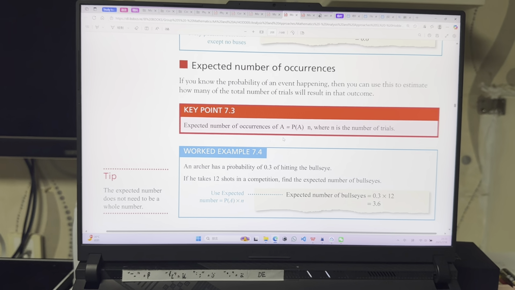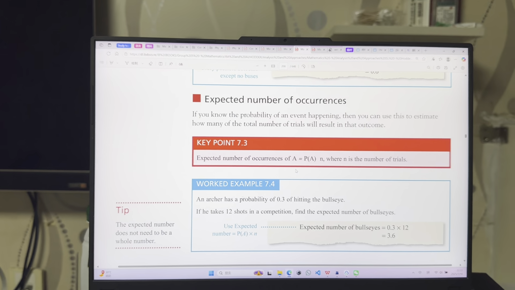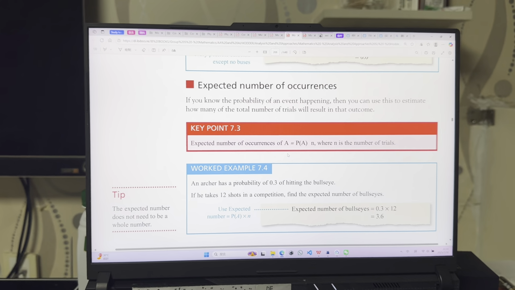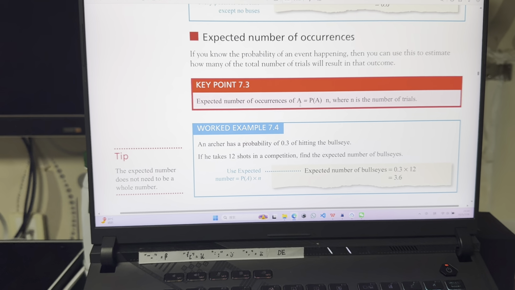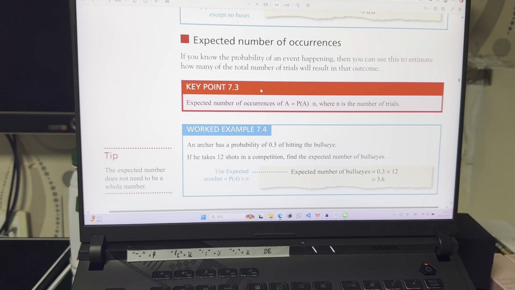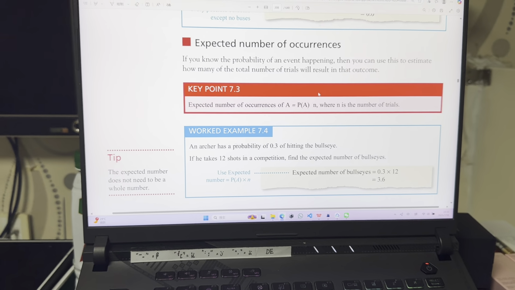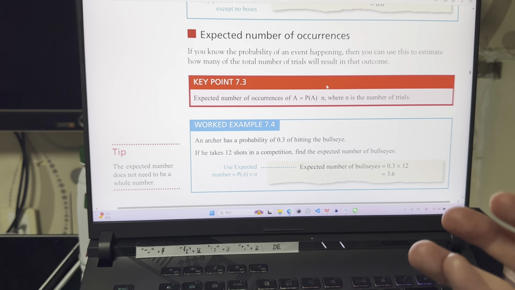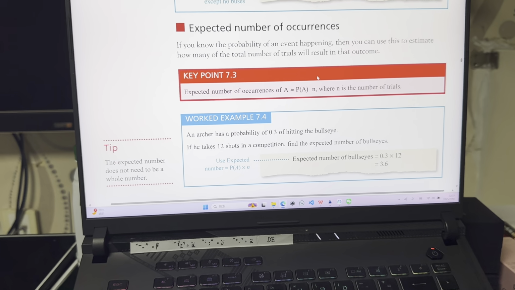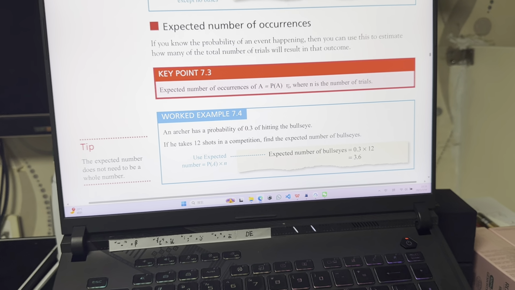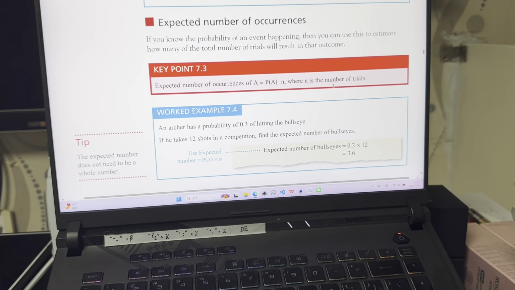But in real life, it cannot be exactly equal, though the frequency will not be far from 1/6. So this formula is how to calculate the expected number of occurrences: the expected number of A equals the probability of event A times n, where n is the number of trials.